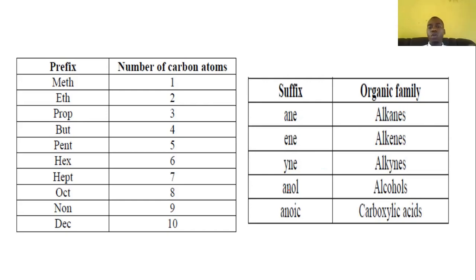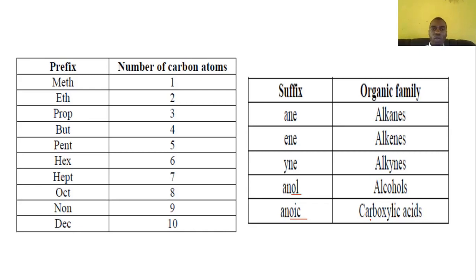We also have OL, the suffix for a family called alcohols. And lastly, we've got OIC, the suffix for what we call the carboxylic acids.